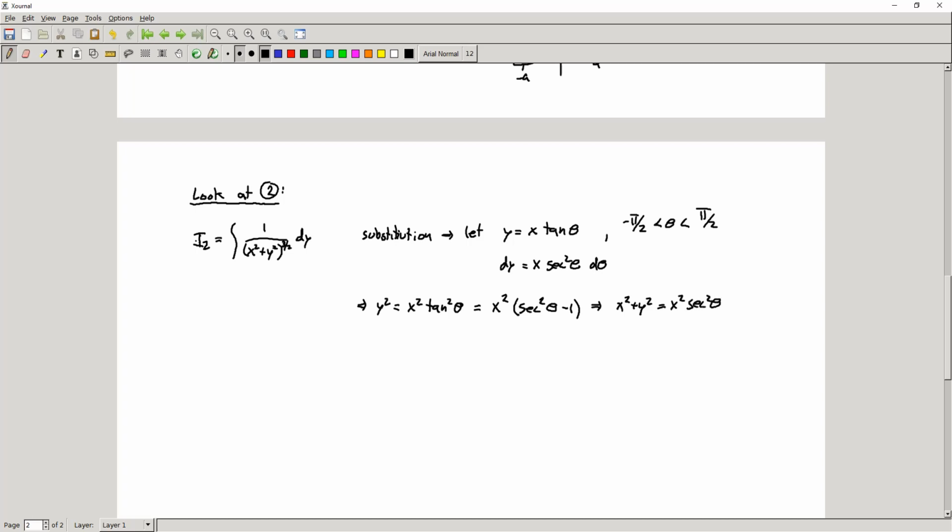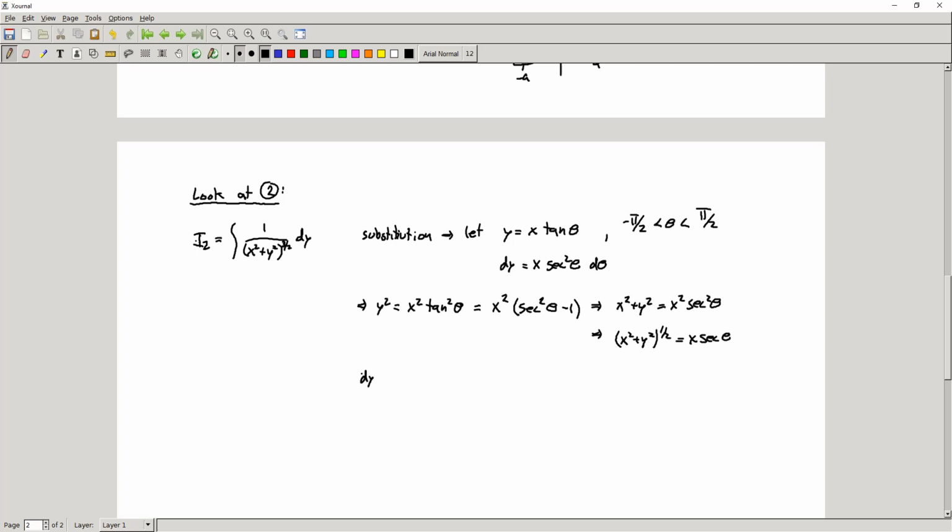Okay, and so this is the substitution that we're going to end up wanting to make. Maybe I'll do one more step here. We can take the square root of both sides. We're going to end up with x squared plus y squared to the 1/2 is equal to x sec theta. Okay, and so what does this tell us about dy also?